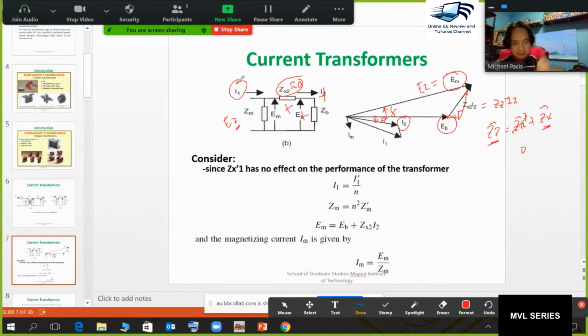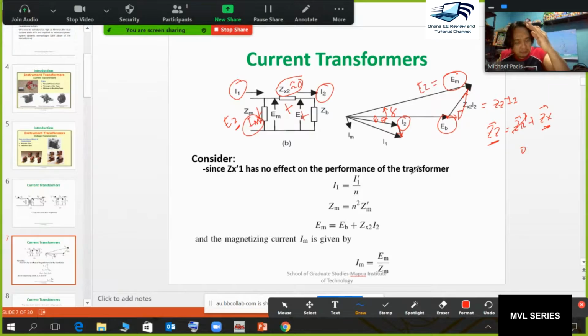However, the currents will be different, because the current I1 will depend on the current at the magnetizing coil of your transformer plus I2. So this is your I2 here. If you add I2 and IM, definitely it will yield I1.